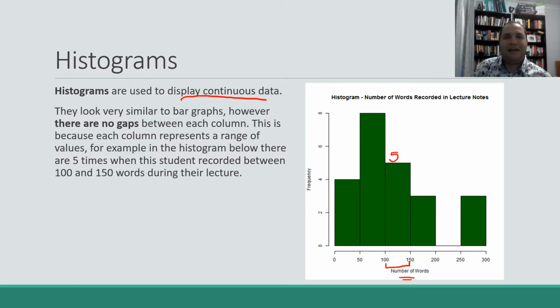So we don't know exactly what number of words he wrote down, but we know that he wrote between 100 and 150 words in 5 of those lectures. There are no gaps between columns: you've got 0 to 50, 50 to 100, 100 to 150, and so on. We do have a gap in this column at the end here, but that's because there were no times that this person wrote between 200 and 250 words from their lecture.